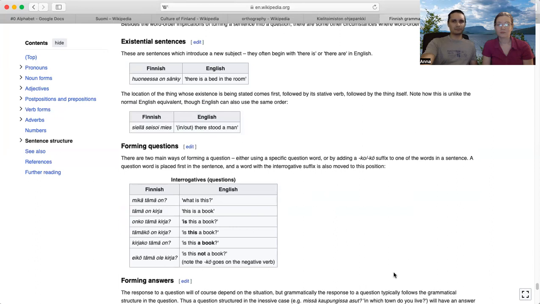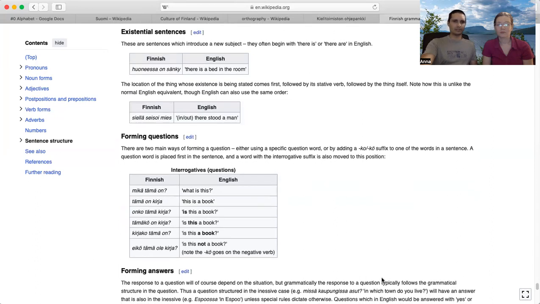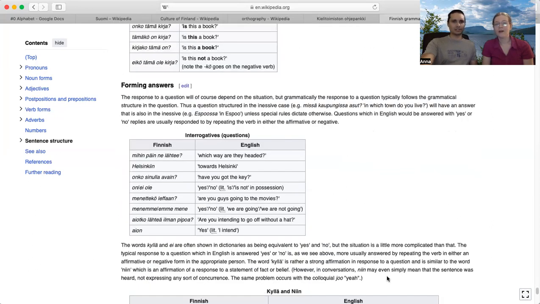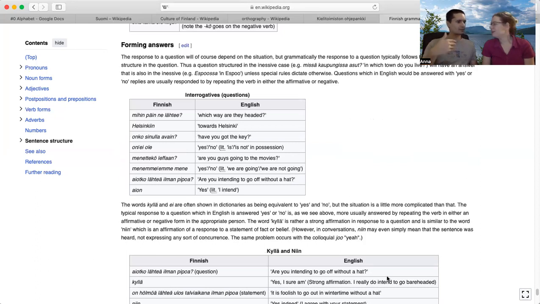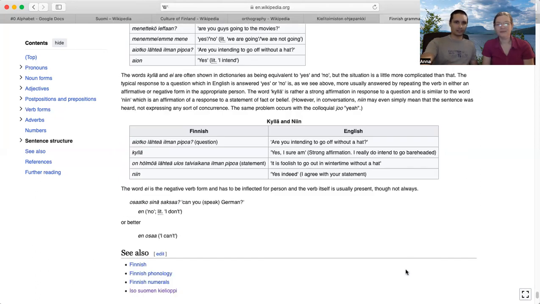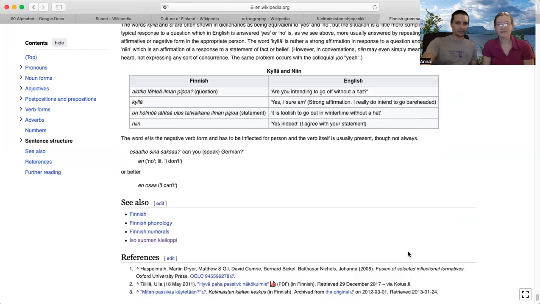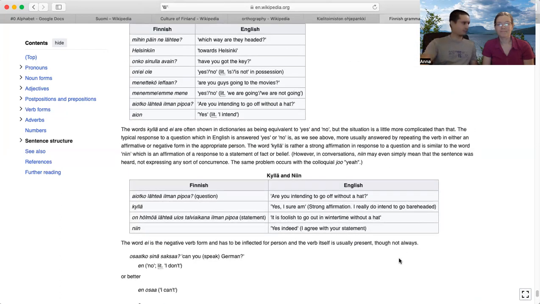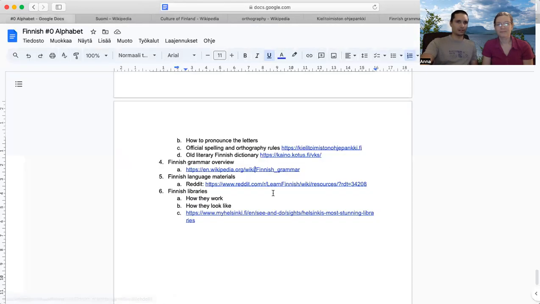Then we have some suffixes forming questions and expressing agreement and other things. But yeah, that was the summary of the Finnish grammar. Don't be afraid. It's not that bad.